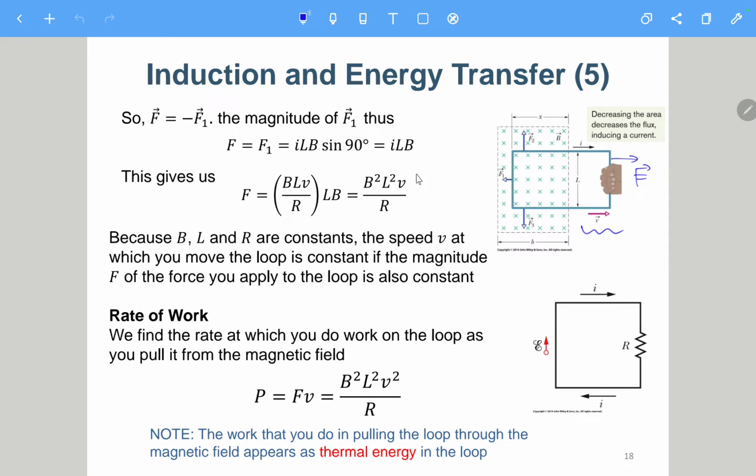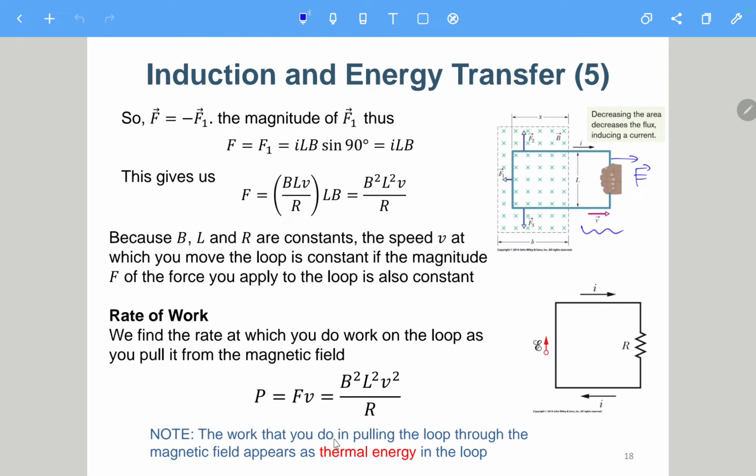We multiply by another v, so we have (BLv) squared over R. This is the power consumed by the loop.